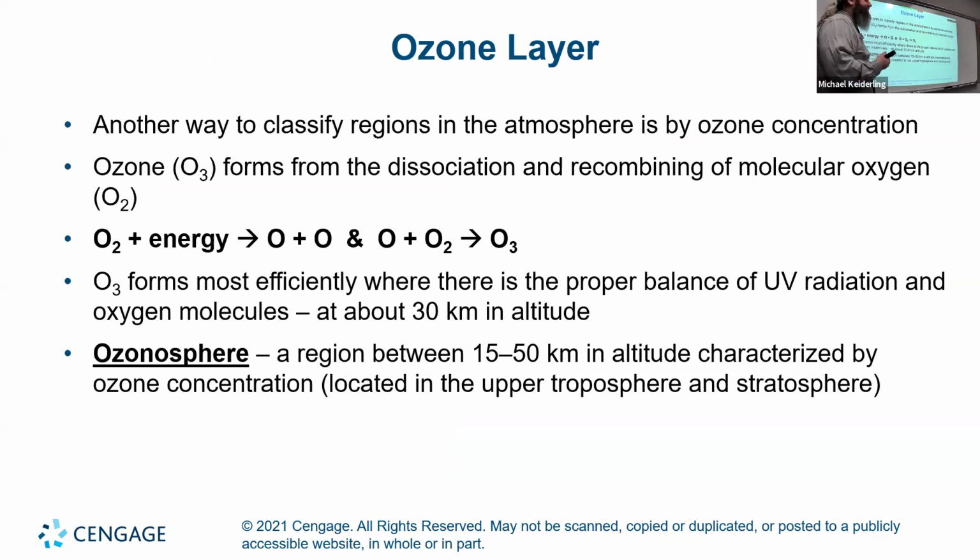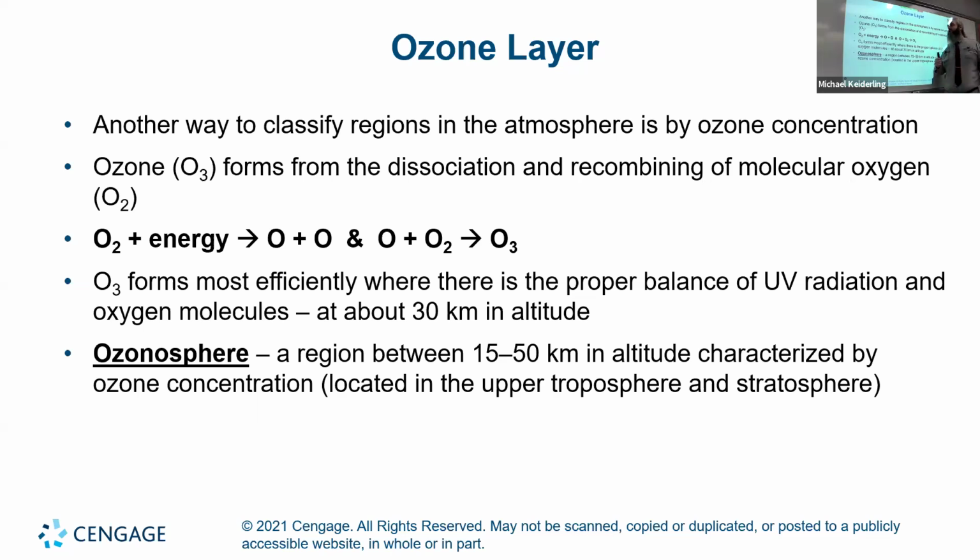Now, another way we can classify parts of the atmosphere is by looking at the concentration of ozone. Ozone, which is O3, is an unstable molecule, because oxygen would much rather be two oxygens connected with a double bond rather than three oxygens each connected with a single bond, with some open possible connections at the edges.